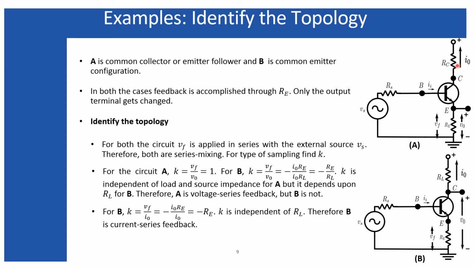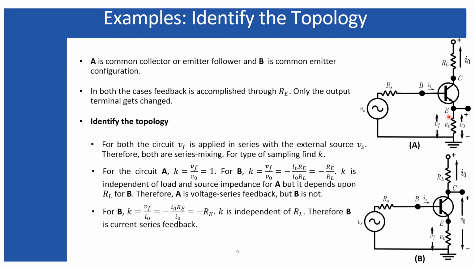As the current increases, the base to emitter voltage gets reduced, because the increased current makes an increased voltage drop across the emitter resistance. In a similar way, a reduced current makes the base to emitter voltage larger than before. So the presence of the emitter resistance employs some negative feedback, and that is why the voltage gain is reduced. Now, what types of negative feedback are employed in these two circuits?